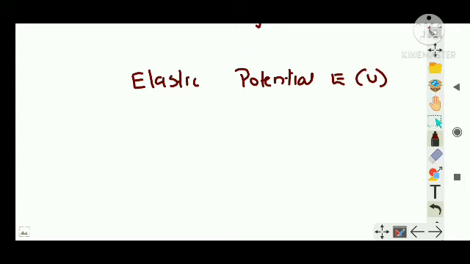Suppose I take a wire of length L and area A, subjected to a force F so that the wire undergoes an elongation of X. The length is increased by X meters. So what is Young's modulus?